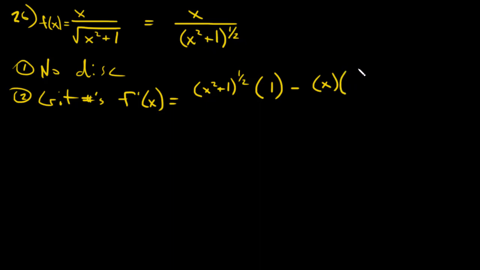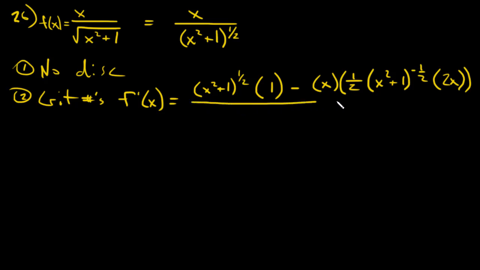It's going to be a power rule with a chain, so 1/2 times x squared plus 1 to the -1/2 power times the derivative of the interior, 2x. And where'd that -1/2 come from? Well, 1/2 minus 1 is -1/2. So I have all of that over the bottom squared, and I'm going to leave it in fraction form. So this is going to be x squared plus 1 to the 2/2 power.